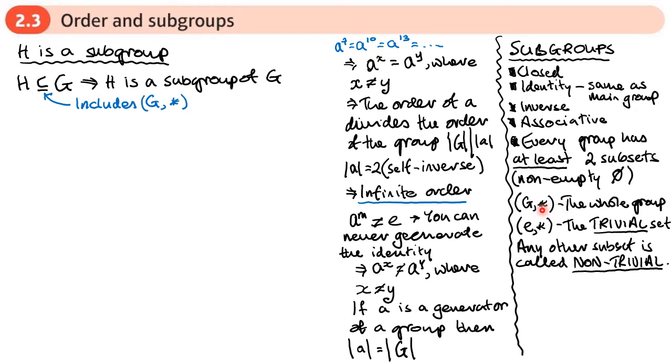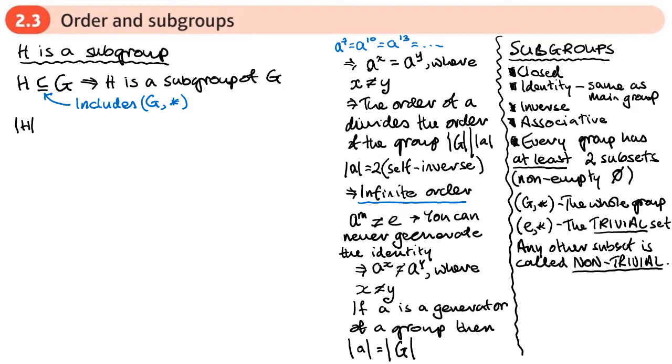We've talked about that before. That's actually a subset. It's also a subgroup. So this little line down here says that actually we can include the whole group as one of the subgroups, and then we can look at the order of these.